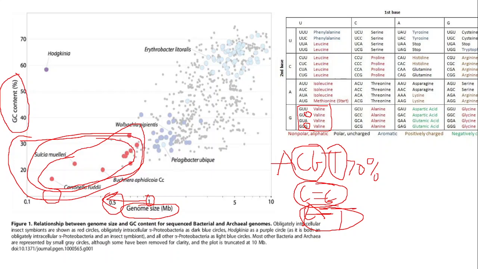So in that case, GUC in genes, let's say there's only 300 genes, and only 50 of those actually include a GU. You only need a couple thousand valines in order to live, in order to make the proteins you need.